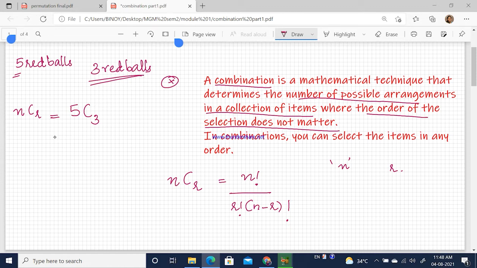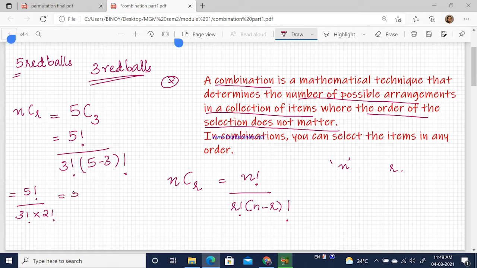Substituting in the formula, that is 5 factorial by 3 factorial into (5 minus 3) factorial, which is nothing but 5 factorial by 3 factorial into 2 factorial.